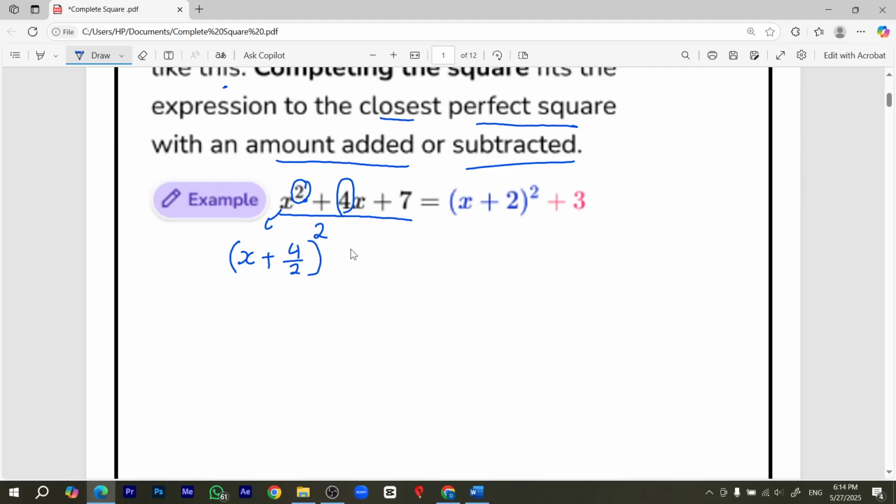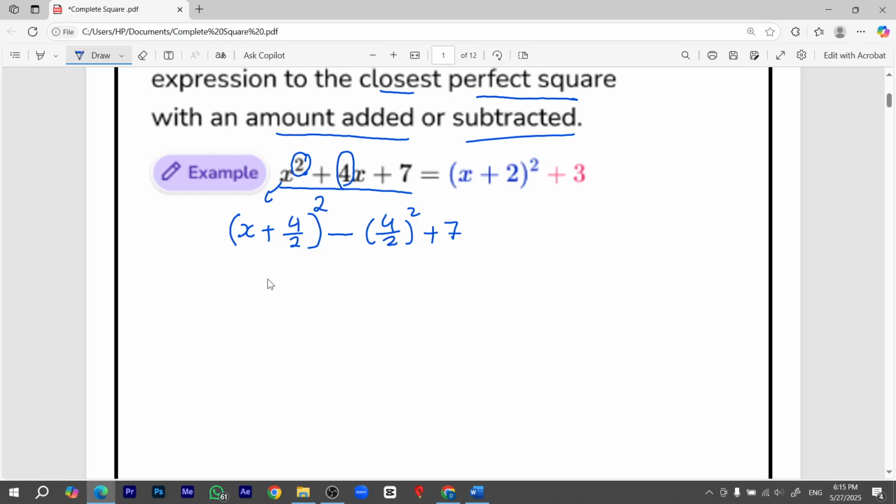Then I put a negative, which is an obligatory step. Then I square the second number, 4 over 2 to the power 2, and place the 7 as it is.